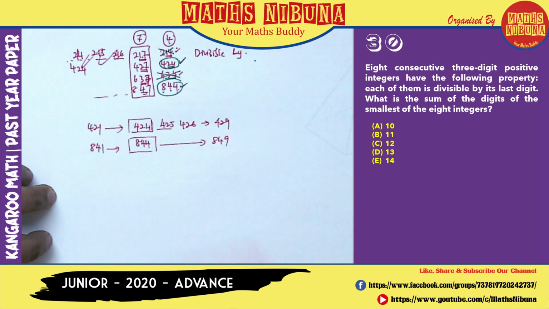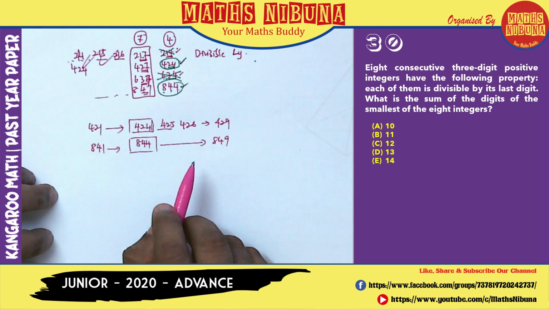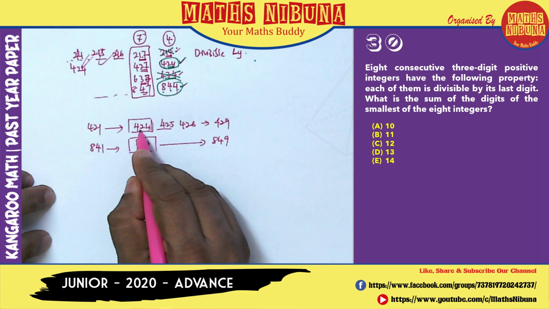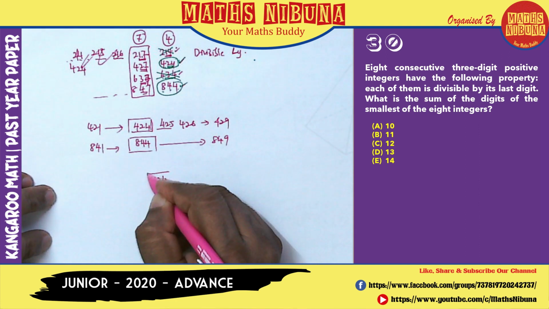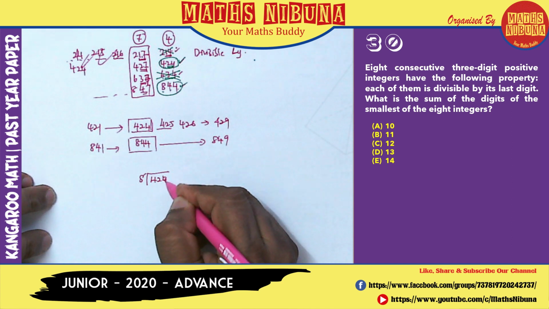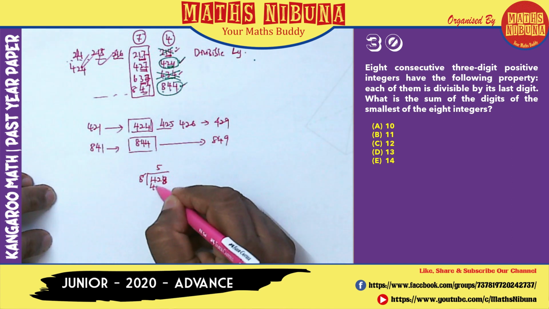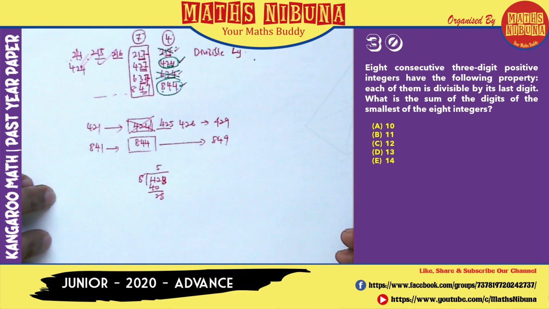Now we have to consider divisible by 8 and divisible by 9. We try divisible by 8 first. If divisible by 8, we test the last three digits, 428. 5 times 8 is 40, that leaves 28, so this one cannot be divided by 8.